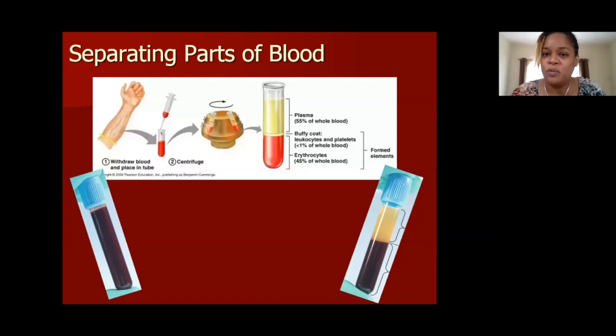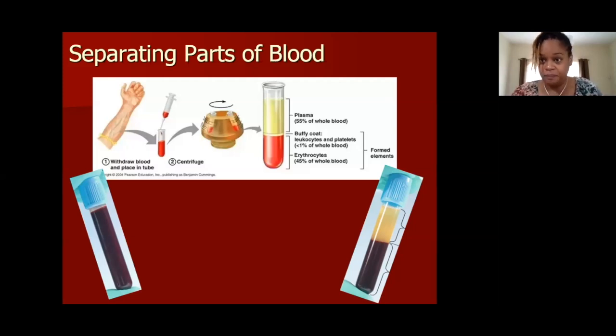When we separate blood using the centrifuge, we can see that 55% of your blood is basically plasma, the yellow liquid part of blood. The other 45% is made up of your red blood cells, your white blood cells, and your platelets.